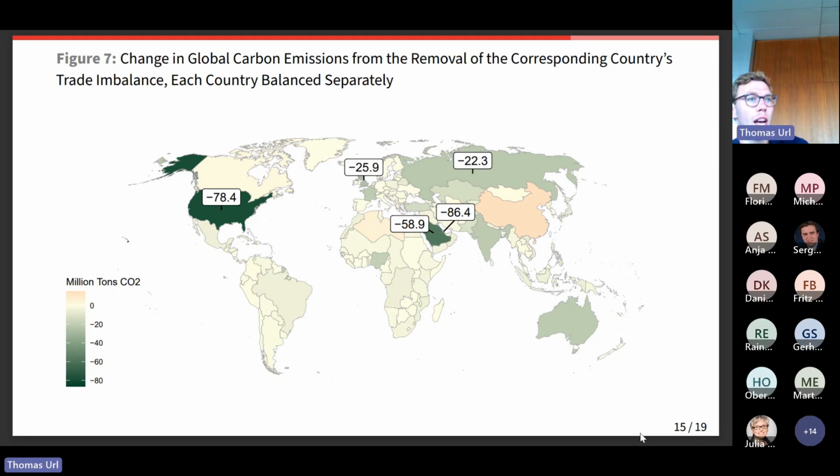And the US running the deficit, their imports are more carbon intensive. That would be the policy implication: when the US would source more from their own, global carbon emissions would likely decrease.